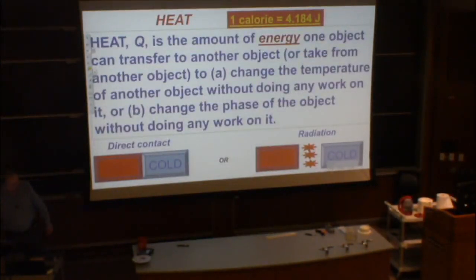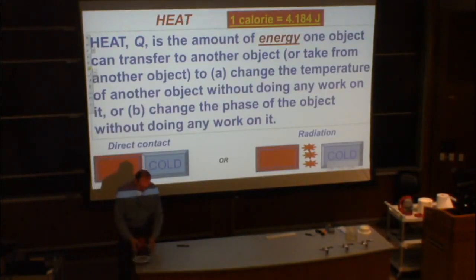Heat. Heat is energy. Special type of energy. When we have a hot object and a cold object put together and wait, what should happen? The hot object, we know, becomes colder. The cold becomes warmer. There is some energy exchange.